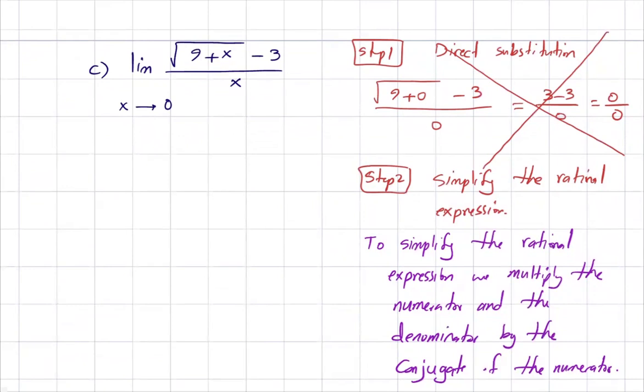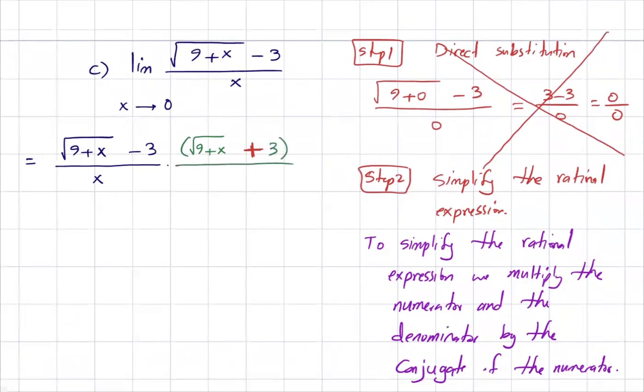So this guy can be written as square root of 9 plus x minus 3 divided by x. The conjugate of the numerator is equal to square root of 9 plus x plus 3, close up the parenthesis, divided by the same thing, square root of 9 plus x plus 3.